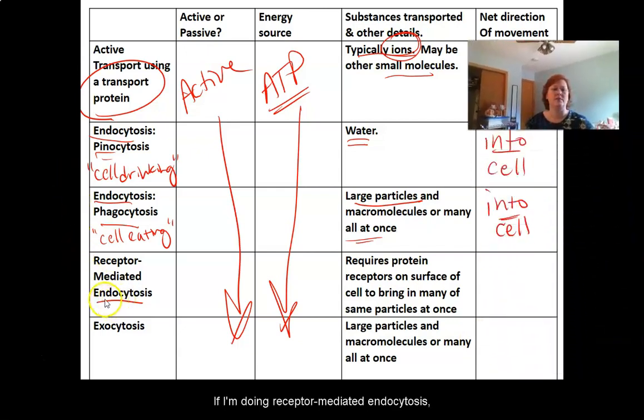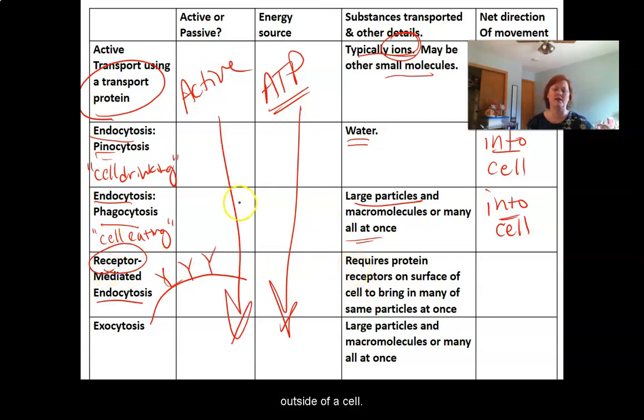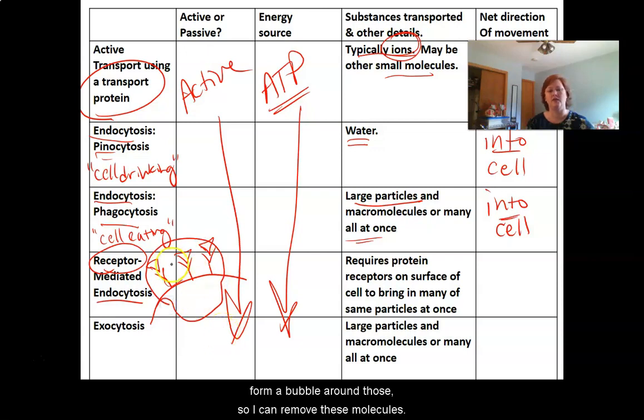If I'm doing receptor-mediated endocytosis, then that means I have a whole bunch of receptors on my membrane. So think about the surface of my cell, and I have a bunch of mailboxes. Whenever you see this word, think a mailbox on the outside of a cell. So now I have receptors or mailboxes, and once I fill all those up, then I'm going to pinch in the cell and form a bubble around those so I can bring these molecules in.